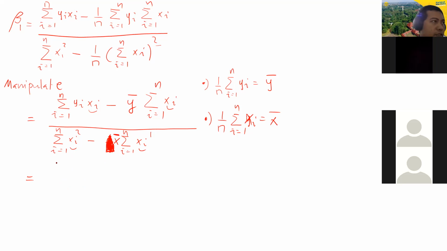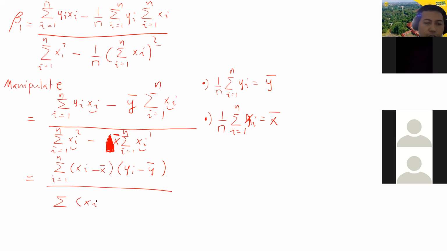If we derive, it is being like this: sigma i equal 1 to n of x_i minus x bar, this is y_i, become n.